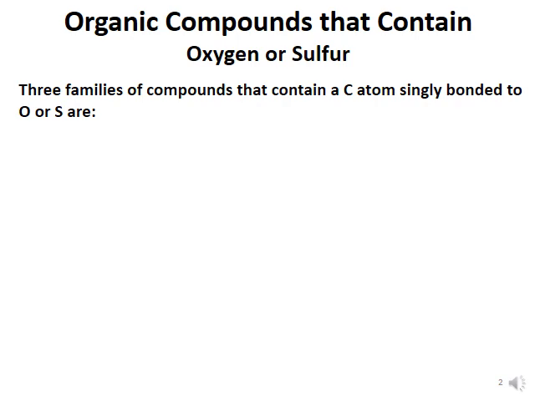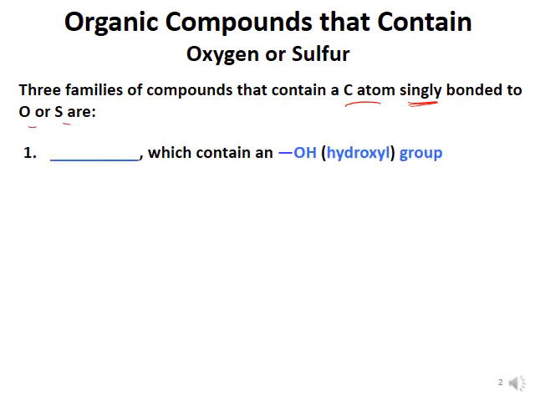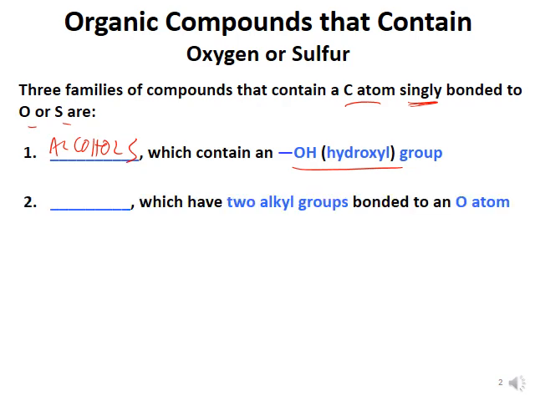Three families of compounds that contain a carbon atom that is single bonded to oxygen and sulfur. They are alcohols, which contain a hydroxyl group, which is an OH attached to a carbon. An ether, which has a carbon chain single bonded to an oxygen atom and then a carbon chain.